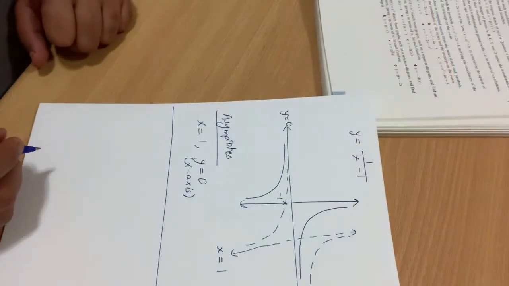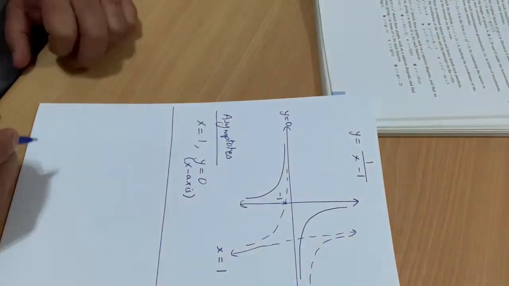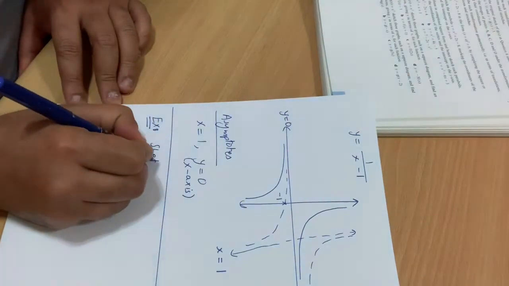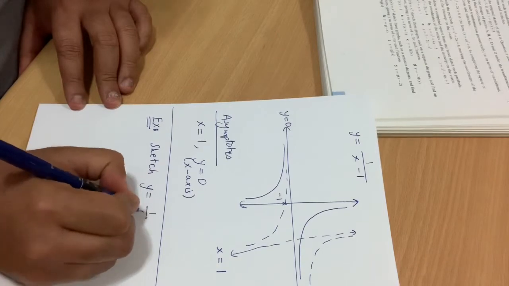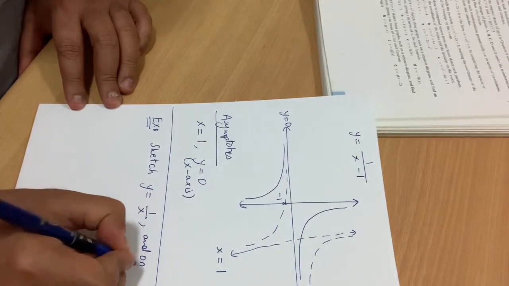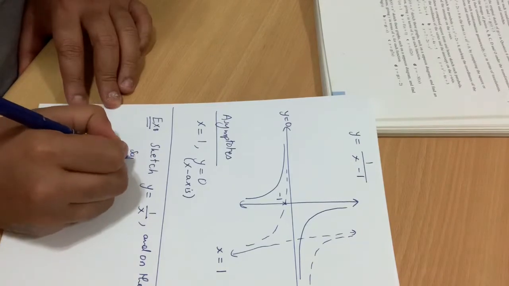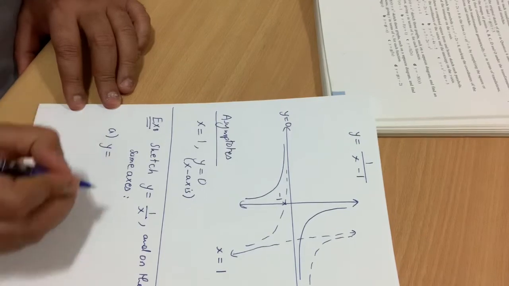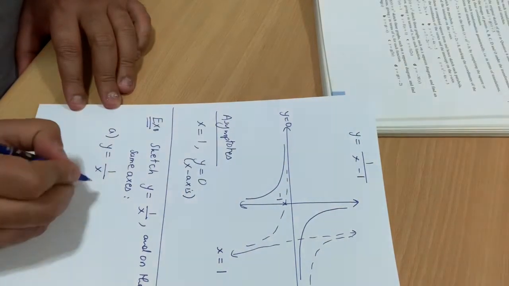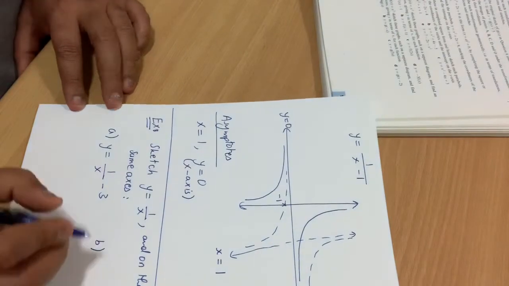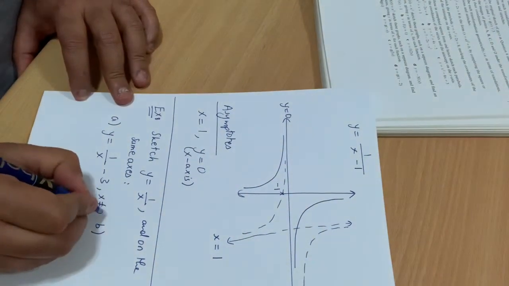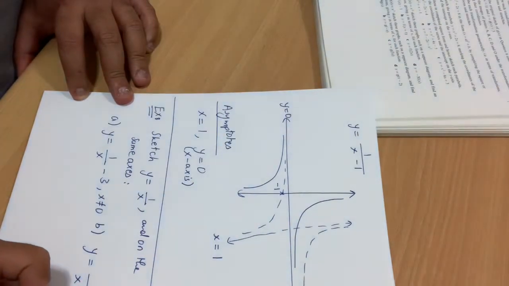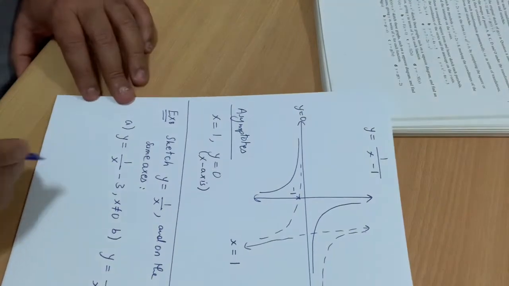Now, after you see these two questions, I'll give you a question to do by yourself, an exercise. So sketch y equals 1 over x, and on the same axis sketch the curve 1 over x minus 3 when x is not equal to 0, and y equals 1 over x plus 2 when x is not equal to negative 2.